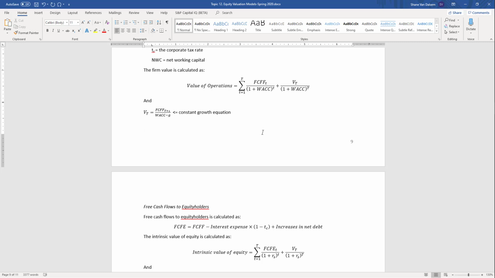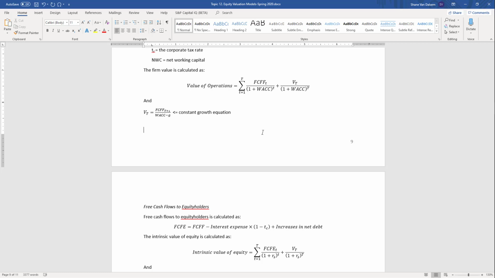We're subtracting out the after-tax interest expense because that is not a cash flow available to equity holders, although it is available to one of the investors in the free cash flow to the firm model. So we subtract that out because it's not a cash flow available to equity holders.